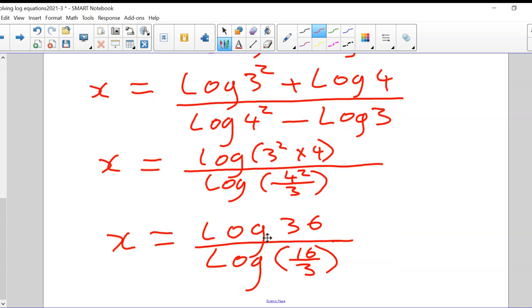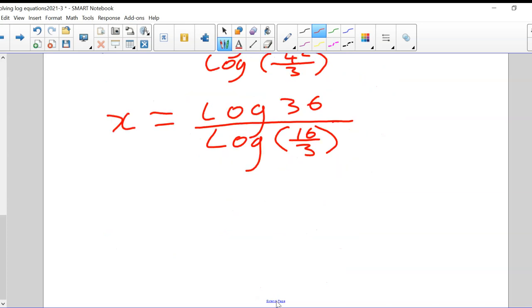If you use the change of base formula, that could be the log base 16 over 3 of 36. It's kind of a strange thing to be talking about. Yes, that I accept. Ava, I'm going to give you full props for that. That's absolutely true. We could change a base on that. It's kind of an odd base to use, but yeah, that answer would now be right. Looks much cleaner.